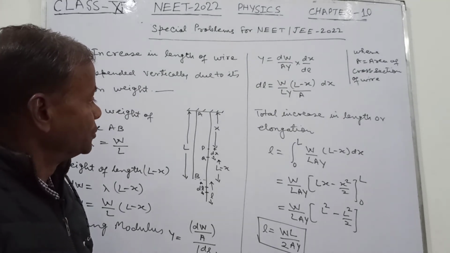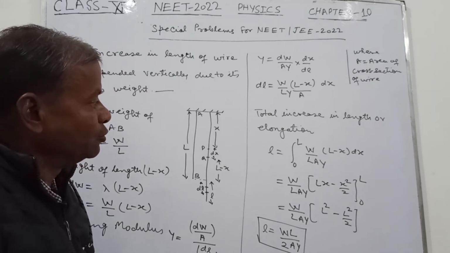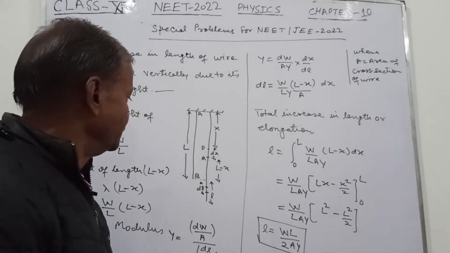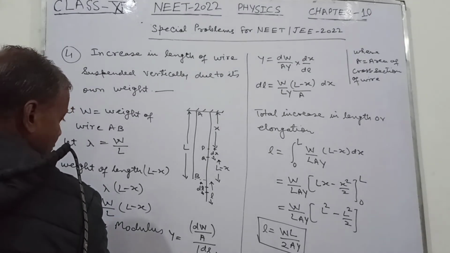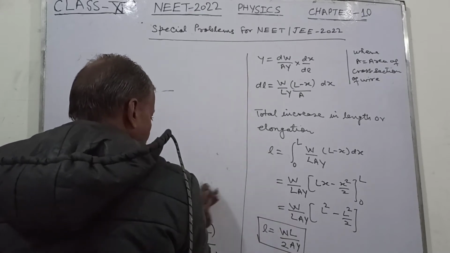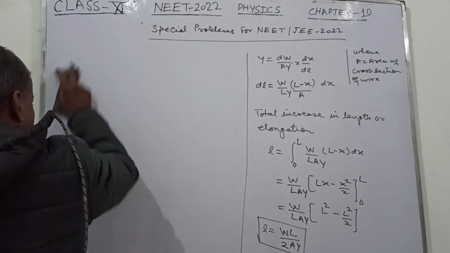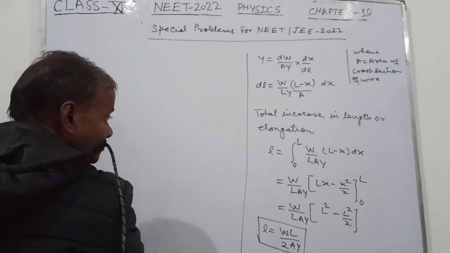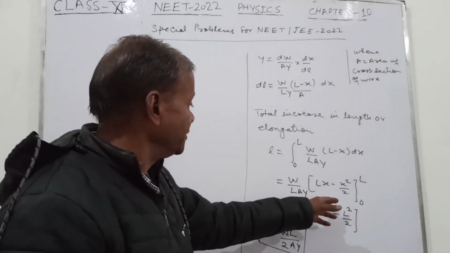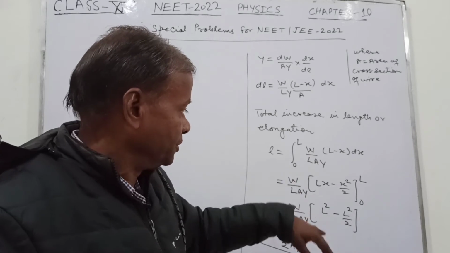So suppose we have to find it for a general one, then we can take it from 0 to x. Now for different lengths you can have different formulas. Suppose x equal to L, x equal to 2L, x equal to 3L, like that.